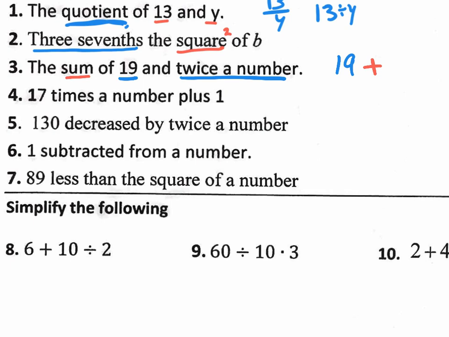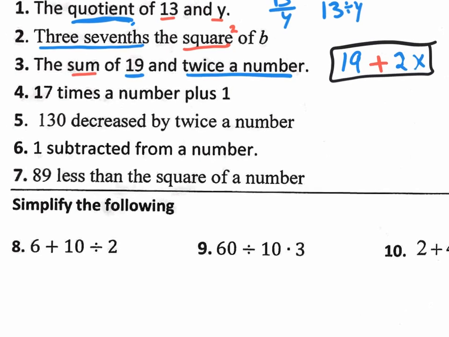Twice anything means to multiply it by 2. If I say, what's twice your age? If you're 14, twice your age would be 28. 2 times 14 is 28. So right here, twice a number, 2 times, you don't know the number, so you just put x. Now you don't even need that multiplication dot if you don't want to put it there. You can just leave it as 2x. So that would be your answer, 19 plus 2x for number 3.